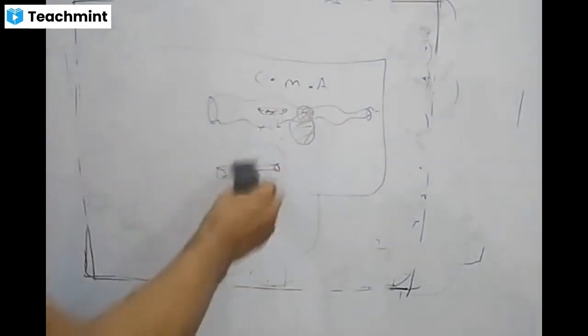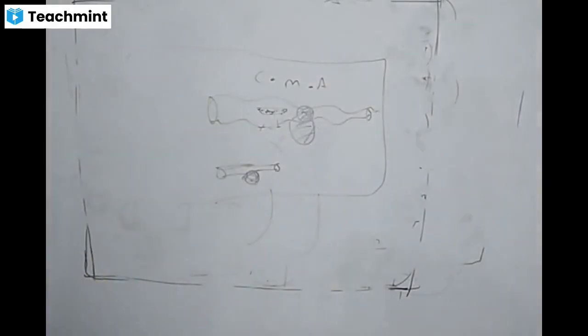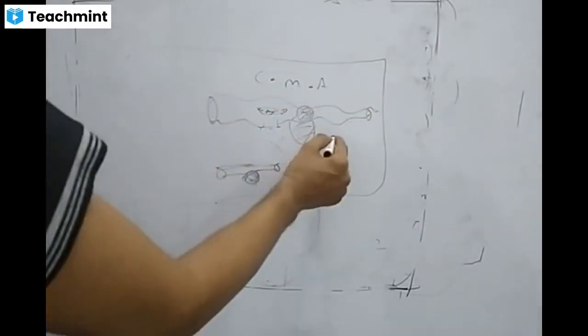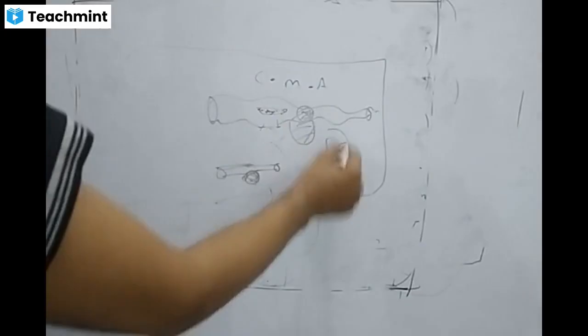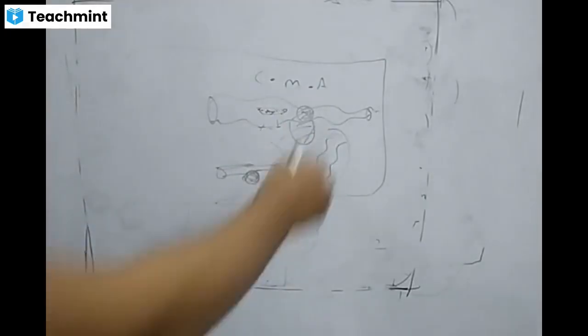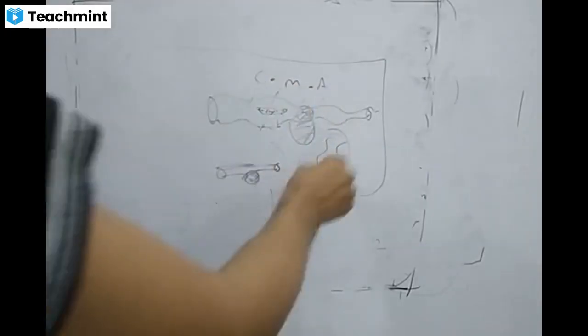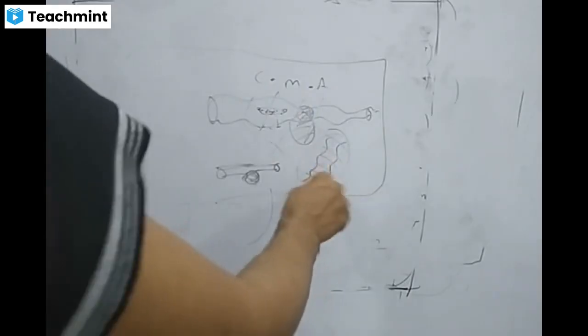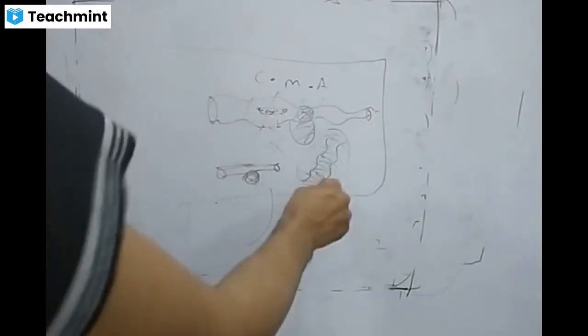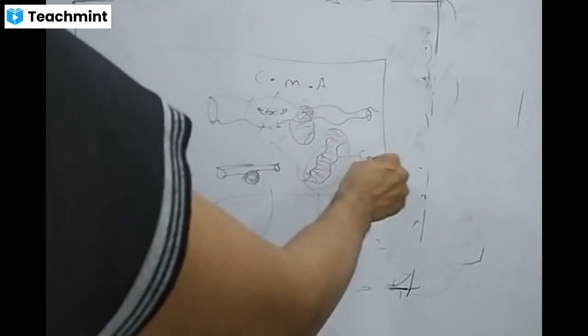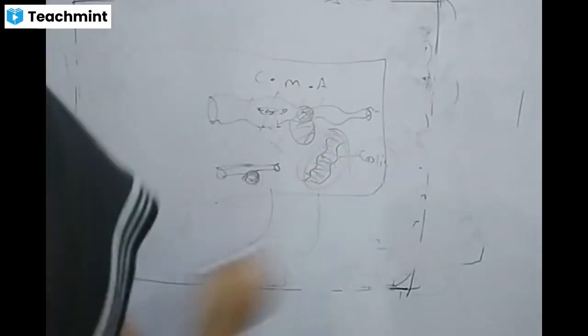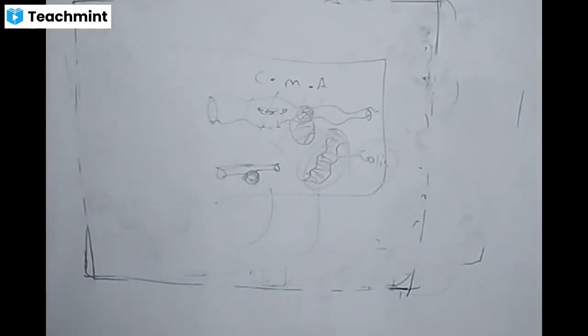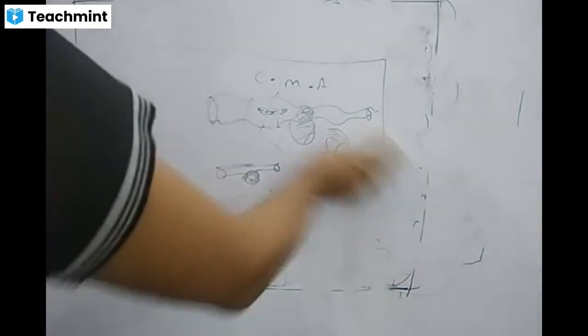So because of this, suppose the cranial mesenteric artery supplies this part of the intestine and it is blocked, then this part will undergo necrosis, gangrene, and there may be colic in case of horse because of compromised vascular supply.